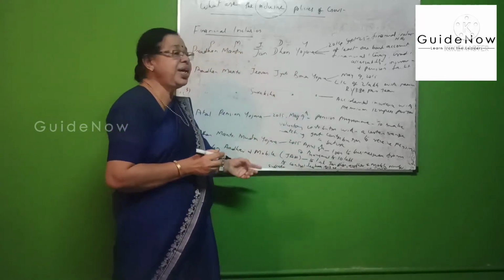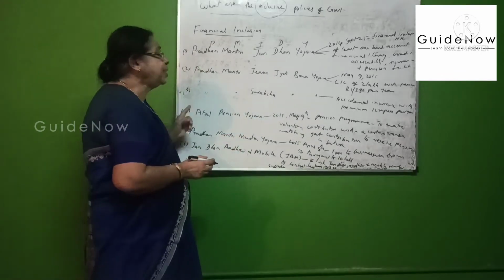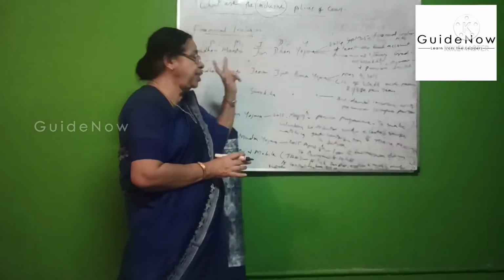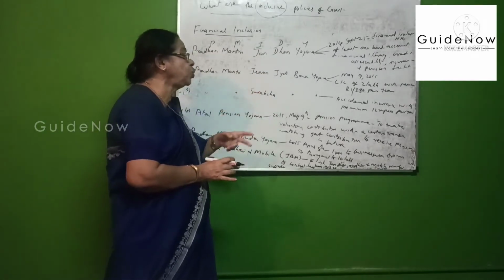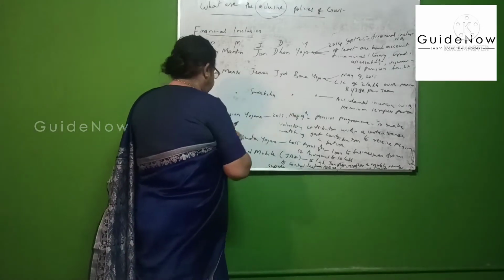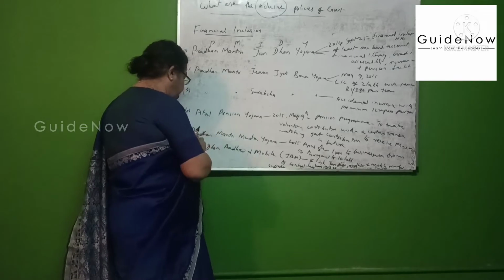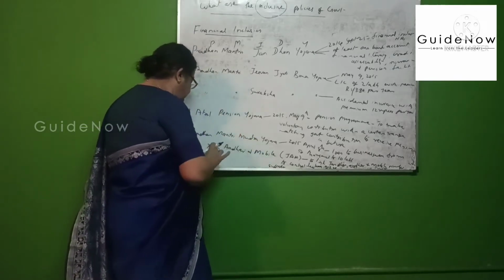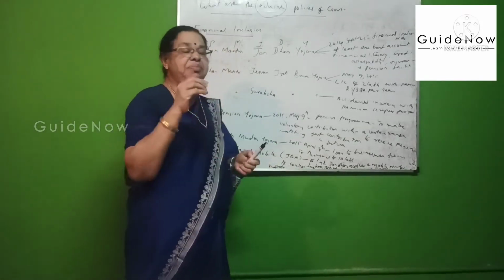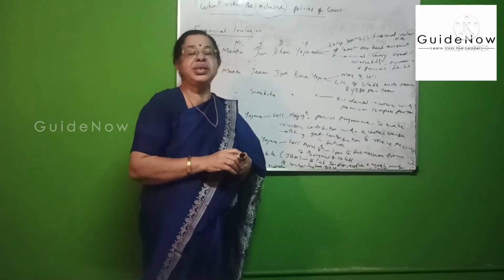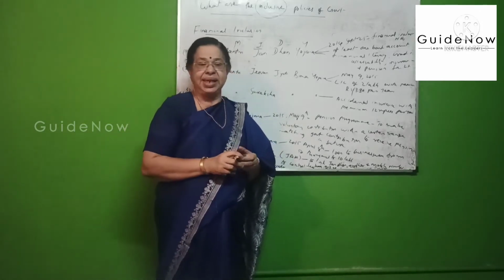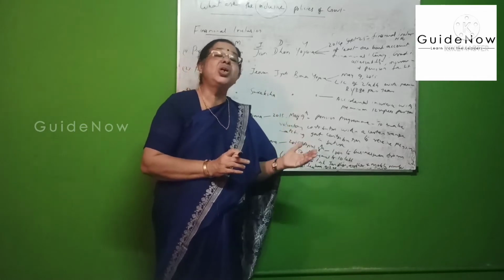In financial inclusion there are six policies: Pradhan Mantri Jan Dhan Yojana, Pradhan Mantri Jeevan Jyoti Bima Yojana, Pradhan Mantri Suraksha Yojana, Aadhar Pension Yojana, Pradhan Mantri Mudra Yojana, and lastly Jan Dhan, Aadhar and Mobile. These are the main important financial policies taken by the government to solve the problems or challenges. This is known as financial inclusion.